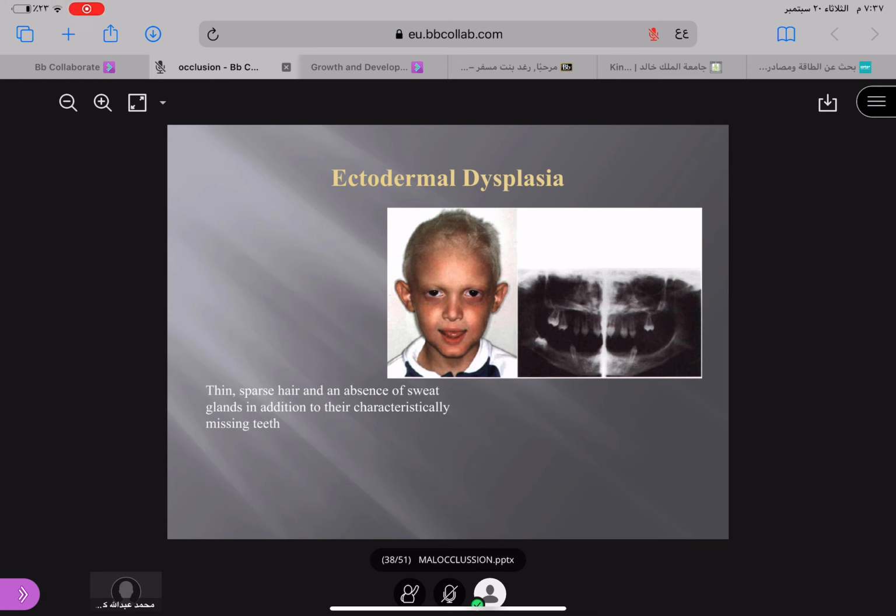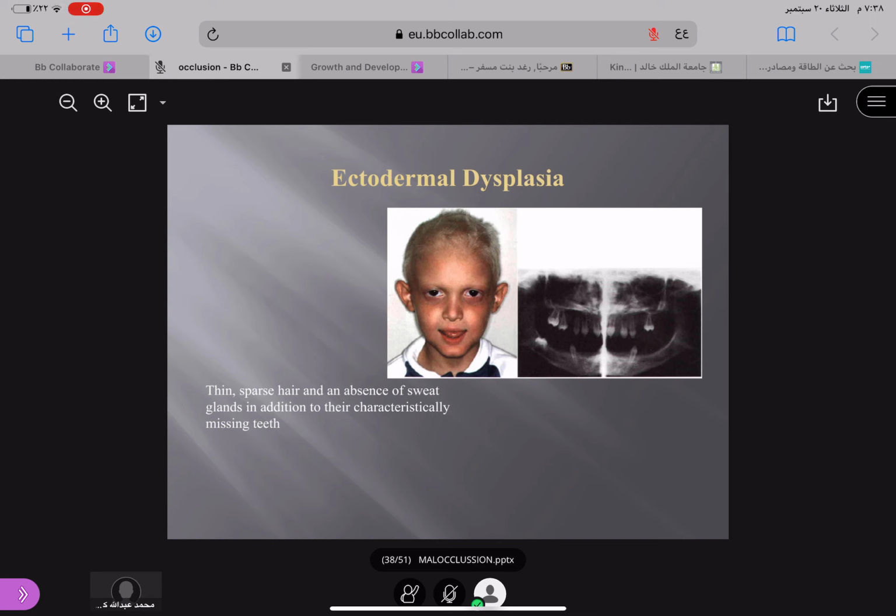So the condition is known as ectodermal dysplasia. As the name suggests, the problems are seen in the structures which are formed by ectoderm, right? The teeth, the hairs, the sweat glands, which are ectodermal derivatives, are affected.